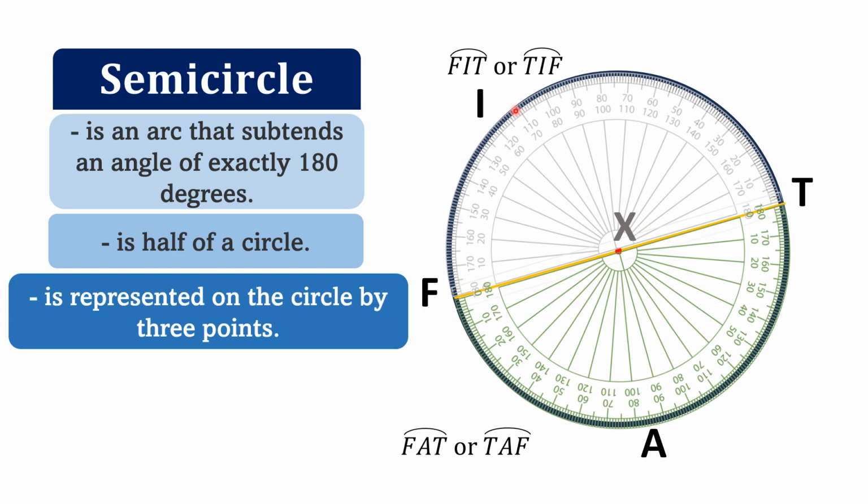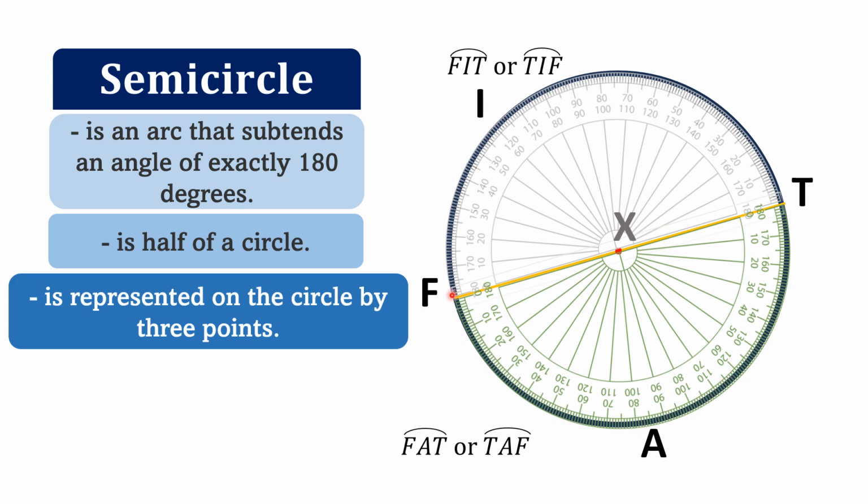I here is on the circle. Same with A. The other semicircle is arc FAT or arc TAF.